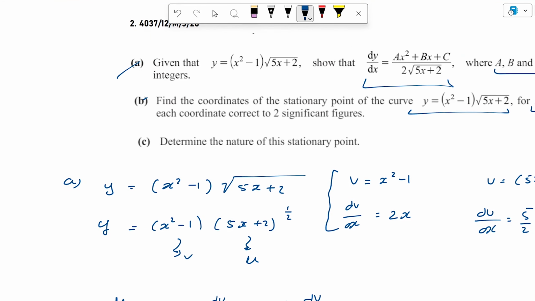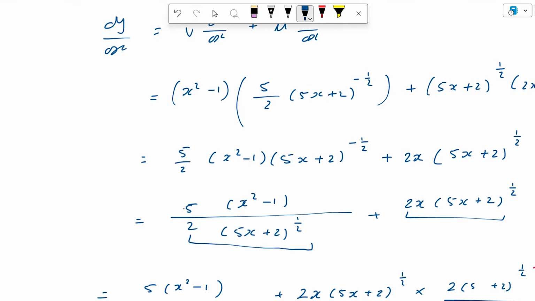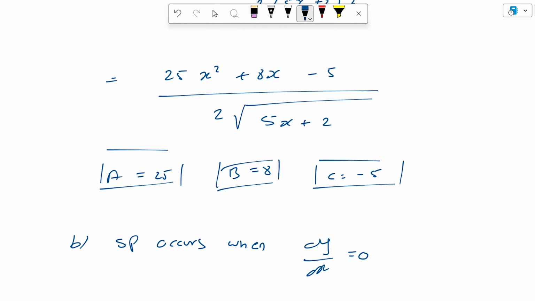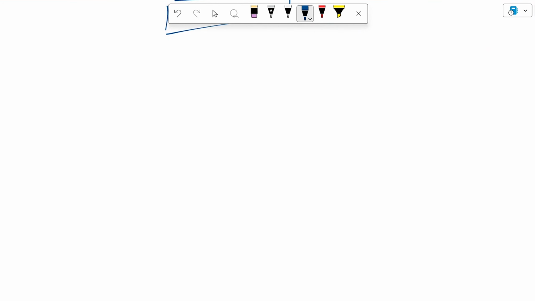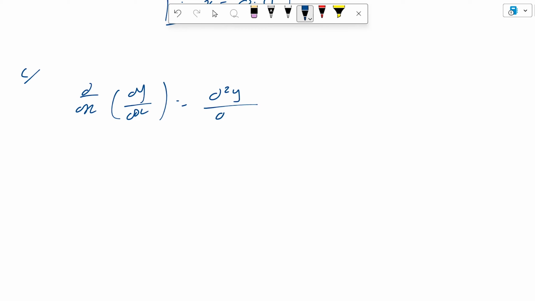Determine the nature of the stationary point. To determine the nature of a stationary point, we need to do the differentiation of the differentiation, which is the differentiation of dy over dx, which is going to give us d squared y over dx squared.